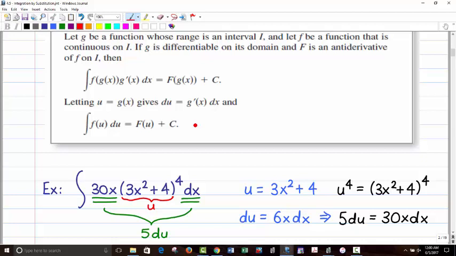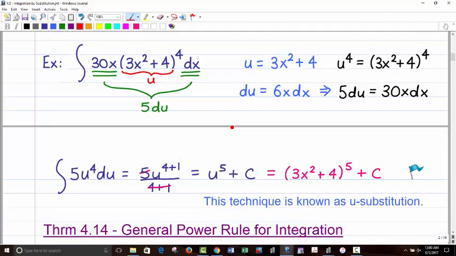So we're trying to find the big F of u there. And then of course we have to change it back into your original variable when you finish. So the idea is this technique is known as u substitution.